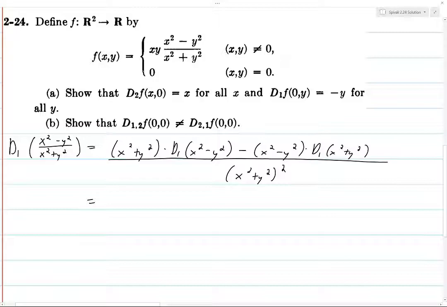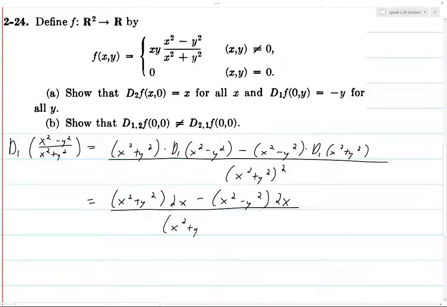This is equal to x squared plus y squared times d1 of x squared, which gives us 2x. Then we subtract x squared minus y squared times d1 of the bottom, which is also 2x, and we divide by x squared plus y squared, this whole thing squared.